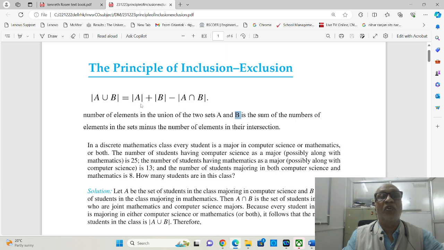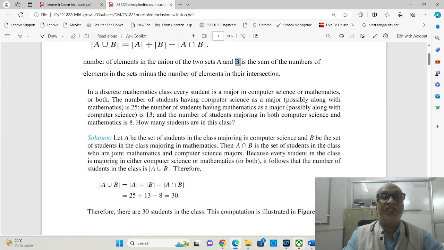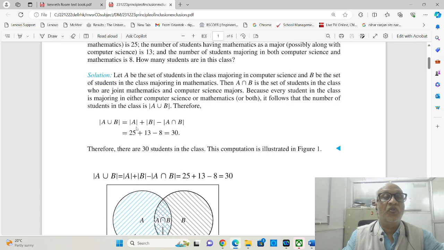The formula is number of elements in A plus number of elements in B minus A intersection B. Number of elements in A is 25, in B is 13, and A intersection B is 8. So the total number of students in the class will be 30.